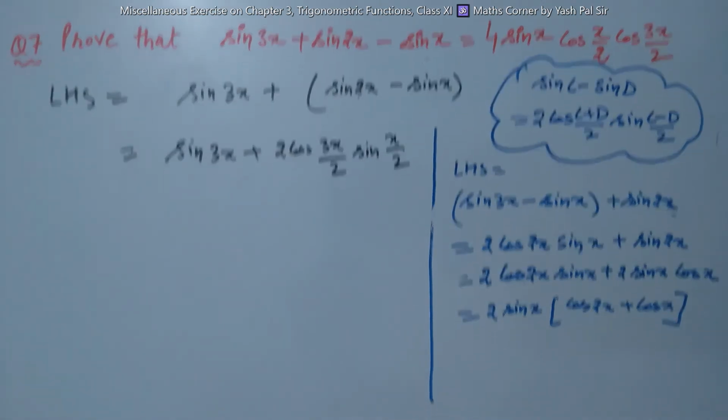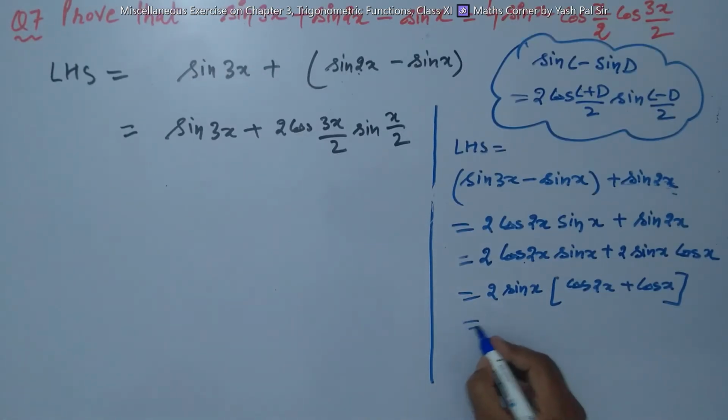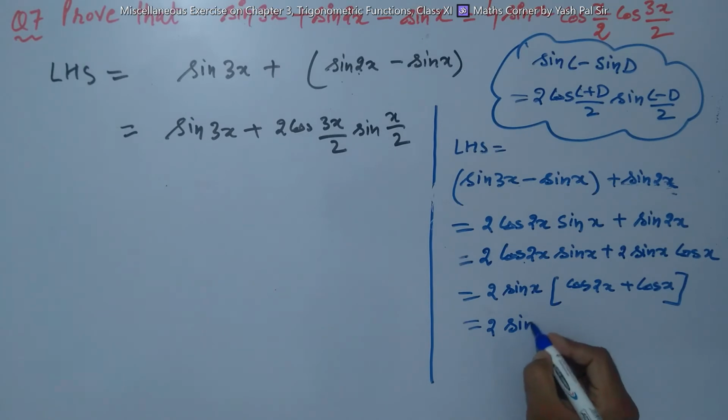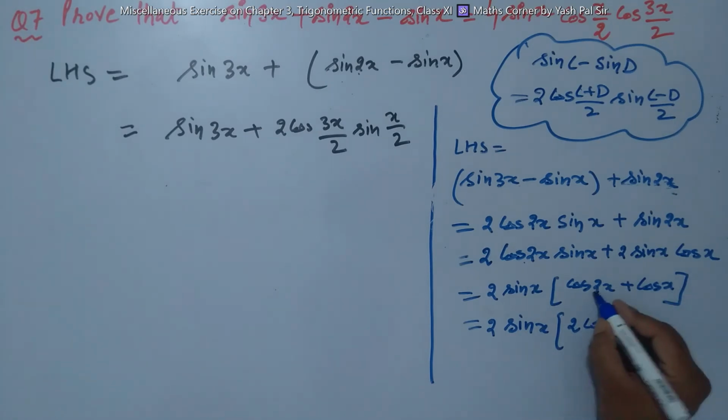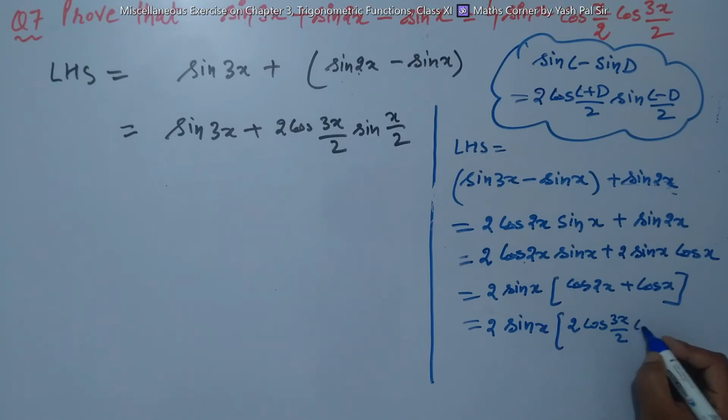So this way we have 2 sin of x into cos c plus cos d, which is 2 cos (c plus d)/2, 2x plus 1x, 3x upon 2, into cos (c minus d)/2, 2 minus 1, 1x, x upon 2.